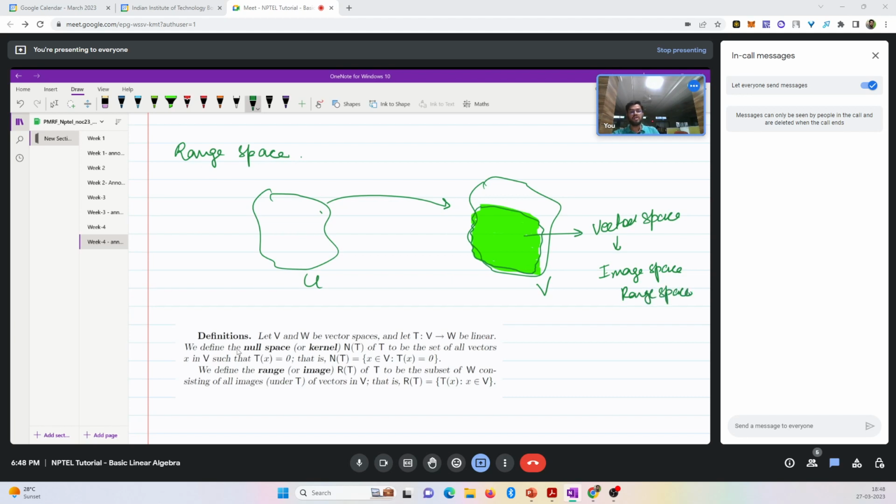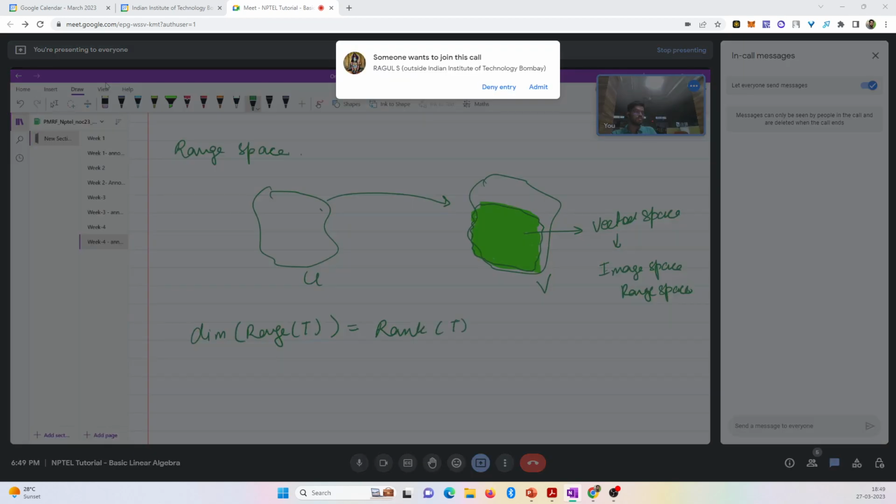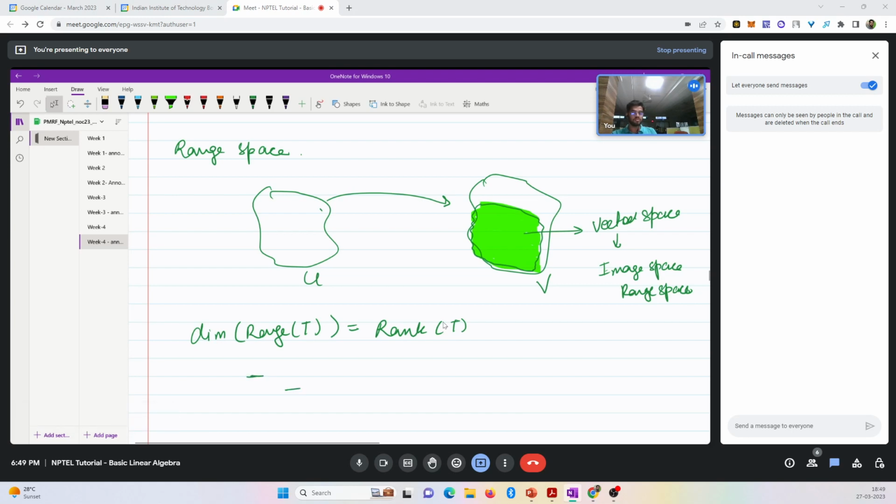And the dimension of this range space is something called the rank of T. In case of a matrix, you had rank to be the number of non-zero rows.